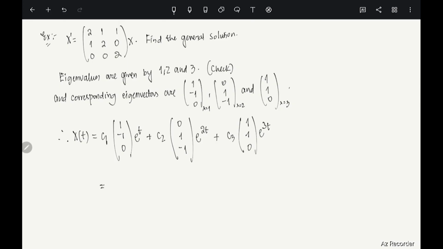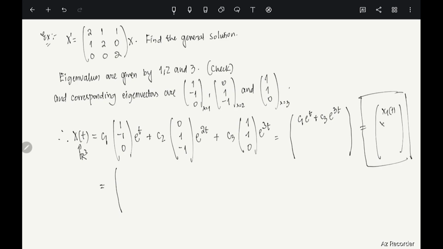Now the last line, you should write it like this. Write it properly. See, x of t is in R3. So x of t is nothing but x1 of t, x2 of t, x3 of t. You don't have to write this part, this is just for your information. So x1 of t is c1 times e to the power t plus c3 times e to the power 3t. x2 of t is minus c1 times e to the power t plus c2 times e to the power 2t plus c3 times e to the power 3t.